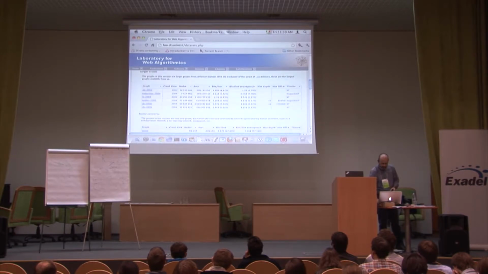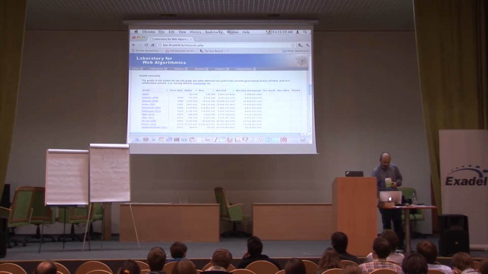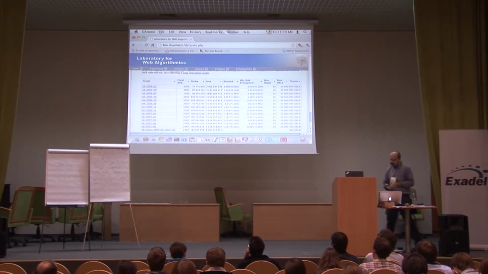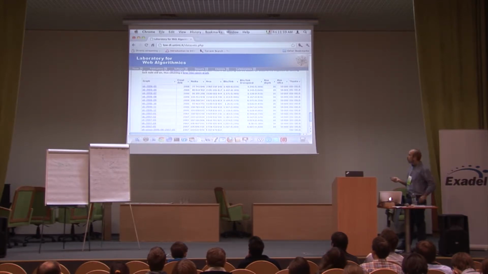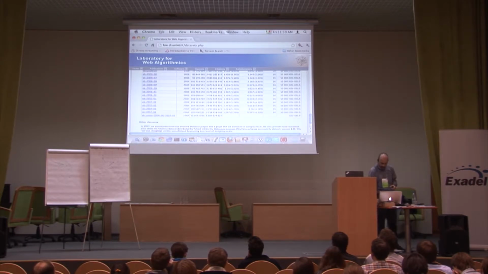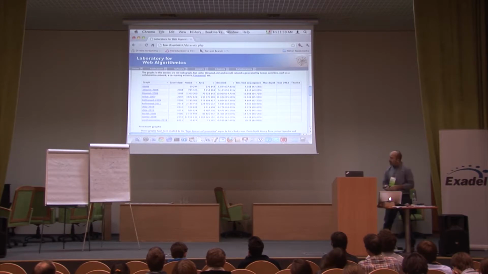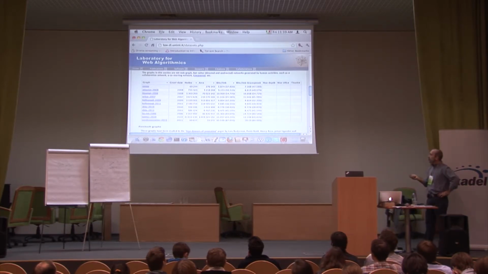And then there are some larger graphs like these ones that are a few tens of millions of pages. And at the very end, there are even some big graphs, in the order of 100 million nodes.